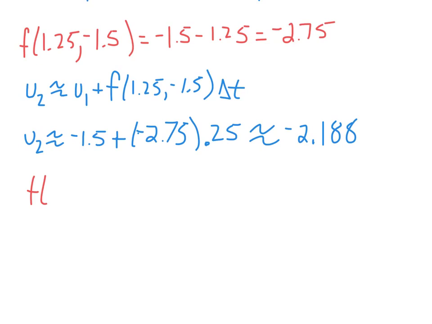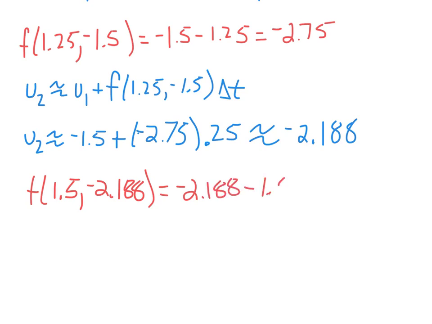Our new slope is harder than it looks without being able to see the problem. Again it's y minus t, so it's negative 2.188 minus 1.5. And that's going to give us a negative 3.688.